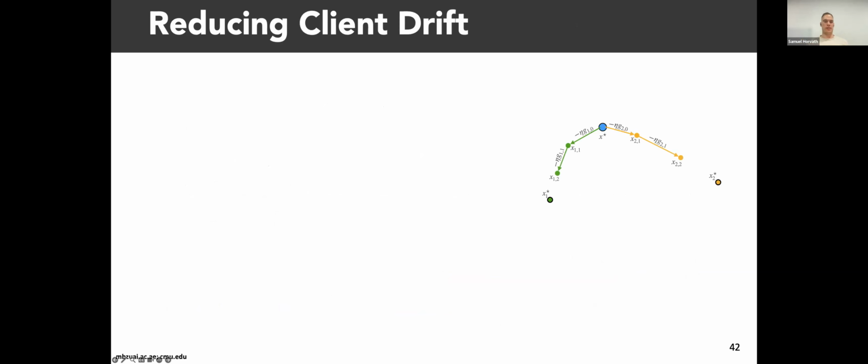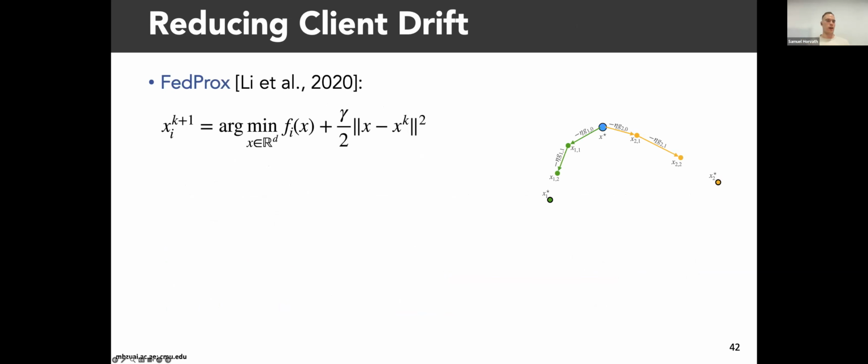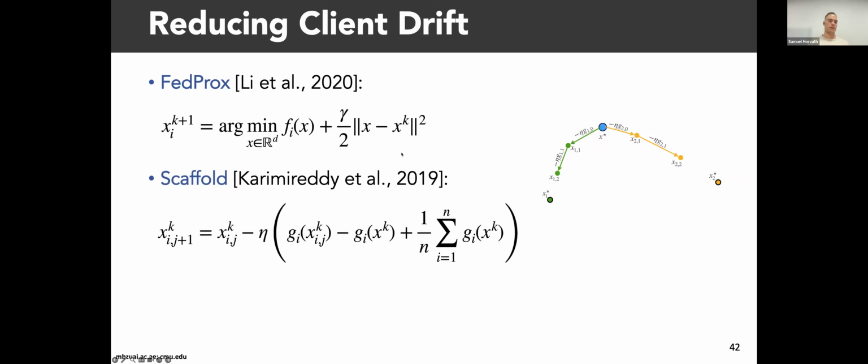But this doesn't work when the spread is too large, and this is where methods to reduce client drift were proposed. Among them, the most popular is the FedProx method, where essentially you're trying to solve your local problem, but you limit how far you can go from the current iterate.